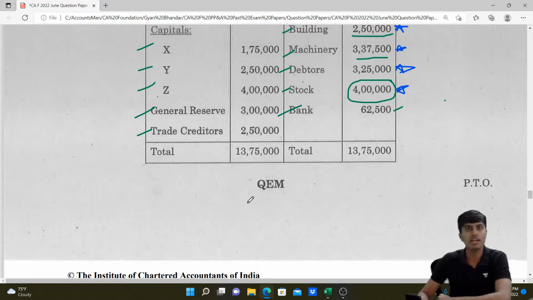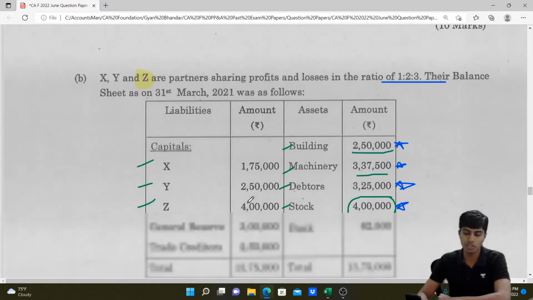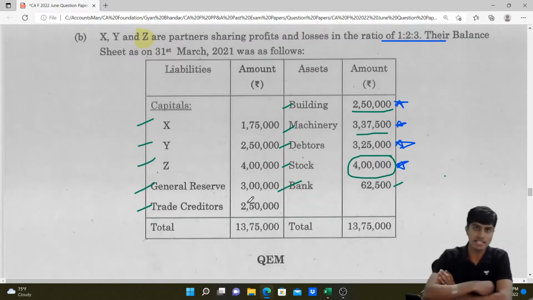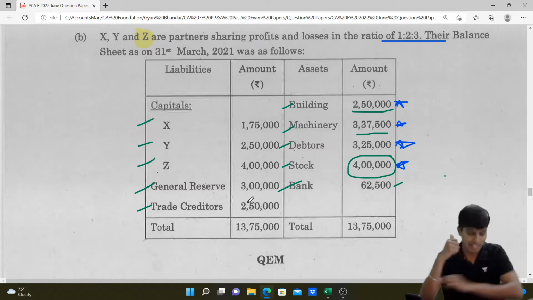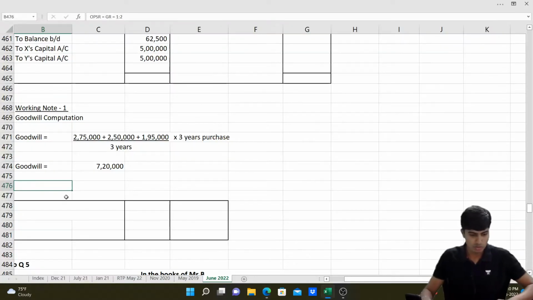So X and Y, the continuing partners, will gain in the exact same ratio, 1:2. So we'll compute 3 by 6 of the goodwill as Z's share of goodwill, and this is to be compensated by X and Y in the ratio 1:2.